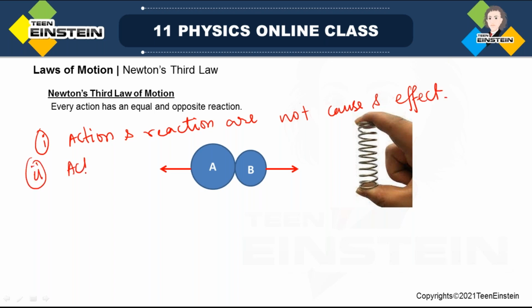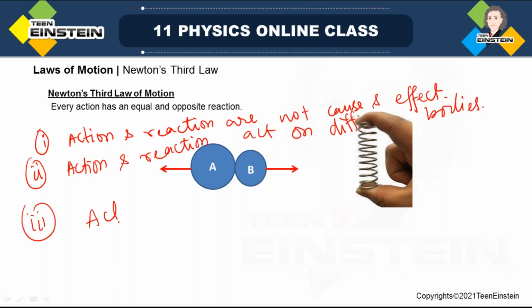Number two is action and reaction act on different bodies. Okay, different bodies.